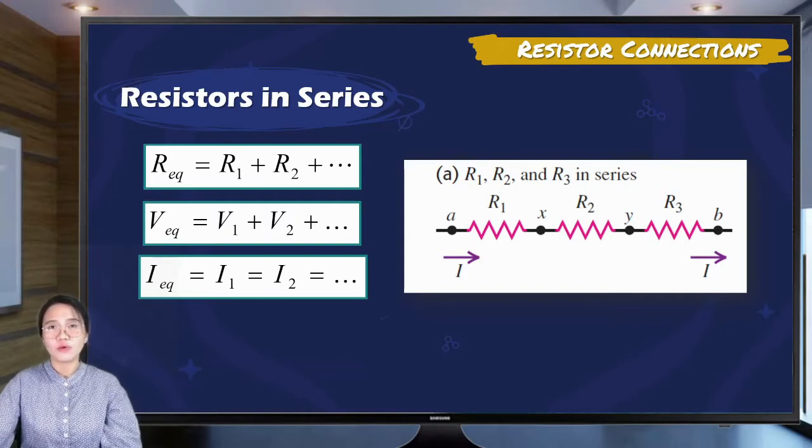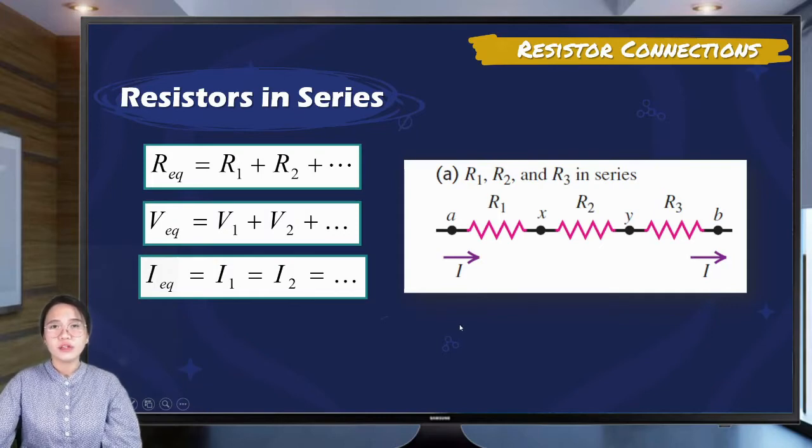As shown in the figure, as current flows from R1 to R2 to R3, it will not decrease or increase. Your current will just be equal for the resistors in your series connection. In capacitors, we are concerned with the charge stored in the capacitors. Here we are concerned with the current in the circuit.